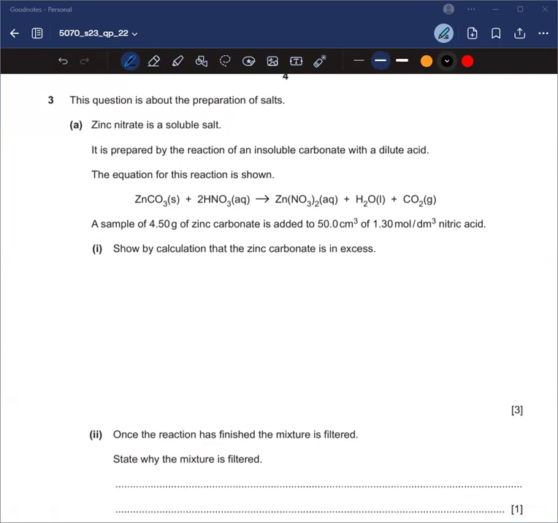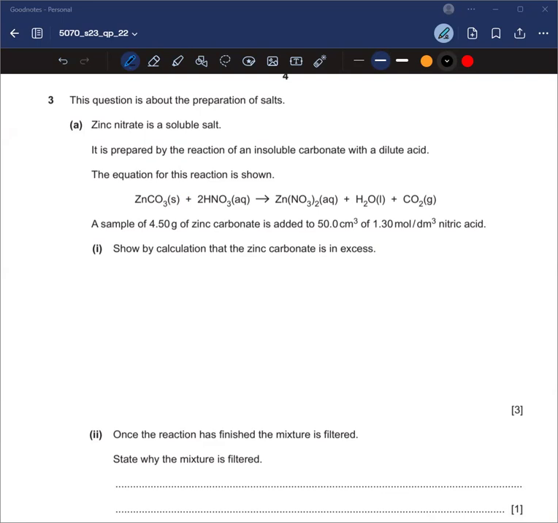The equation for this reaction is given, and a sample of 4.5 gram of zinc carbonate is added to 50 cm³ of 1.3 mol per dm³ nitric acid. Show by calculation that zinc carbonate is in excess.